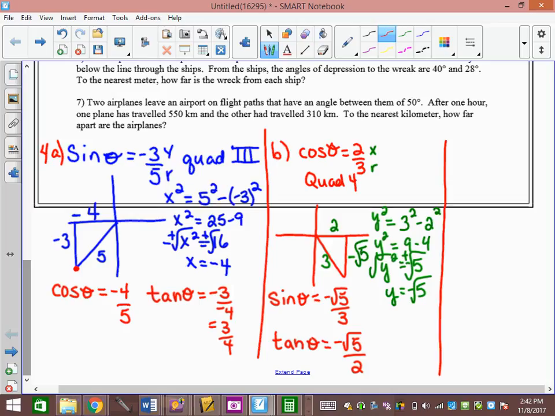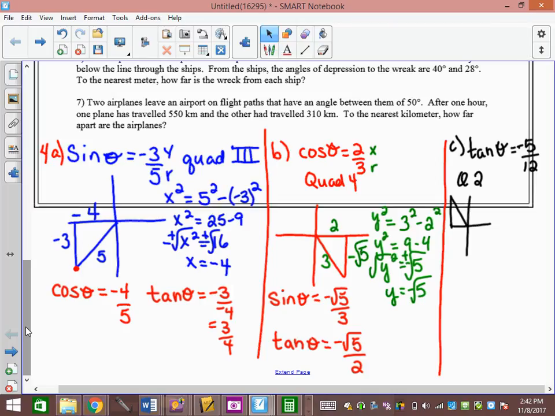And then C is tan what? What's C? Tan theta equals what? 5 over, pardon? And it's in quadrant what? So x is negative in this quadrant. Tan is y over x.